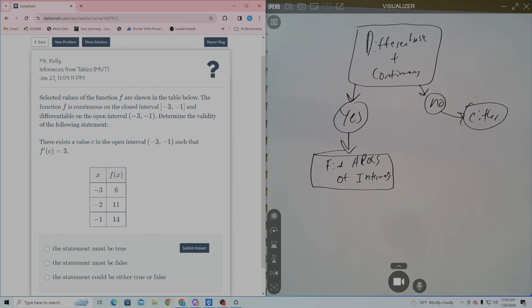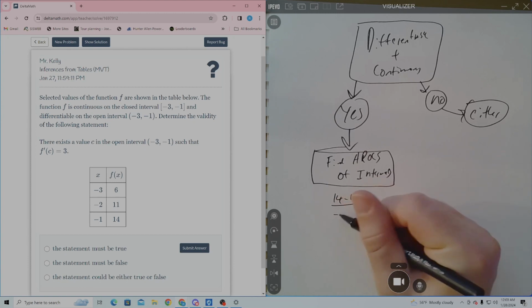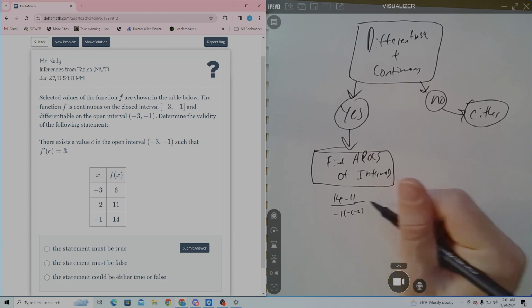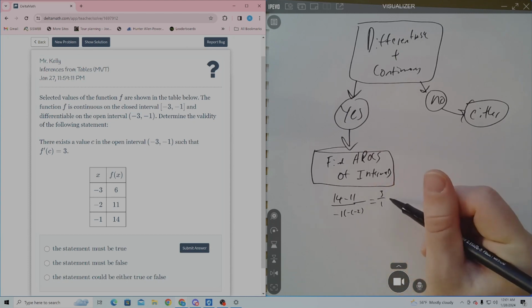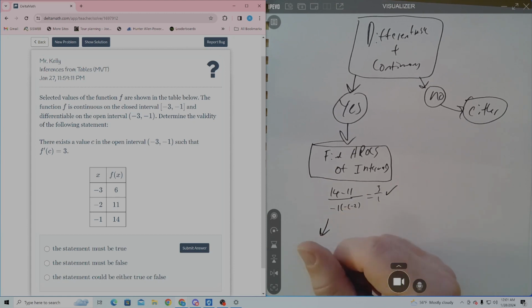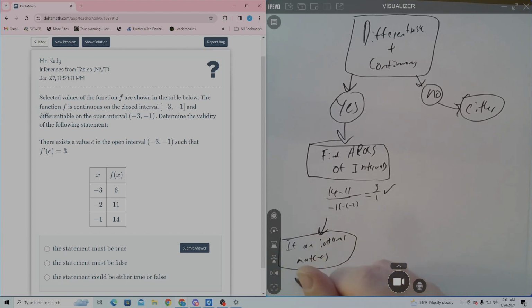See how it's going up 3 here? It's going from 11 to 14. It's going from -2 to -1. So I would say 14 minus 11 over -1 minus -2, that's 3 over 1, and so that matches, right? So if an interval matches, it's guaranteed.